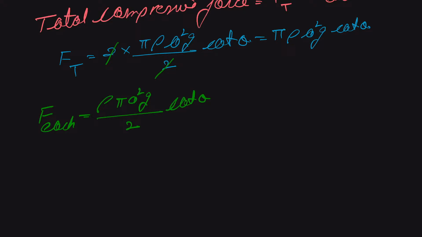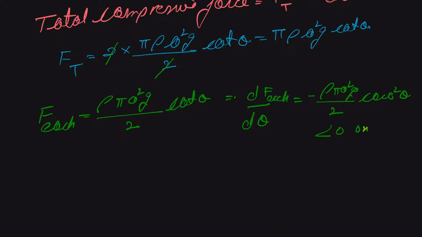And the same way we find out its derivative, and its derivative will come out equal to minus rho pi a square g upon 2 cosec square theta. Okay. And this will be less than 0 on 0 to pi by 2.